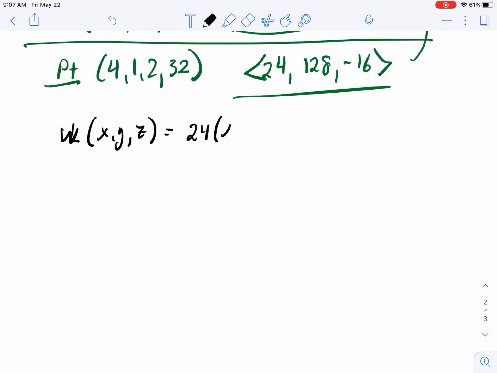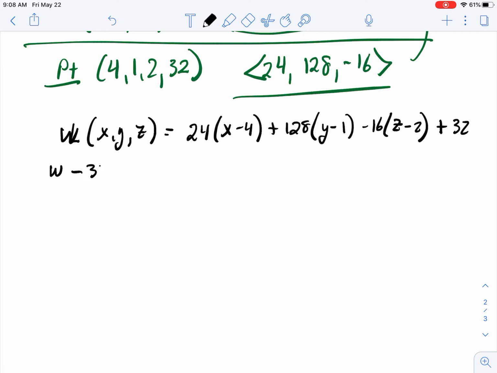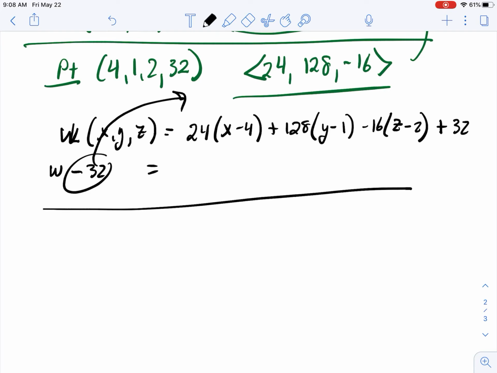So my slope would be 24, x minus 4, plus 128, y minus 1, minus 16, z minus 2, and then plus 32. Now again, you could have gone W minus 32 equals, and then move the 32 over. I just did it all in one shot.